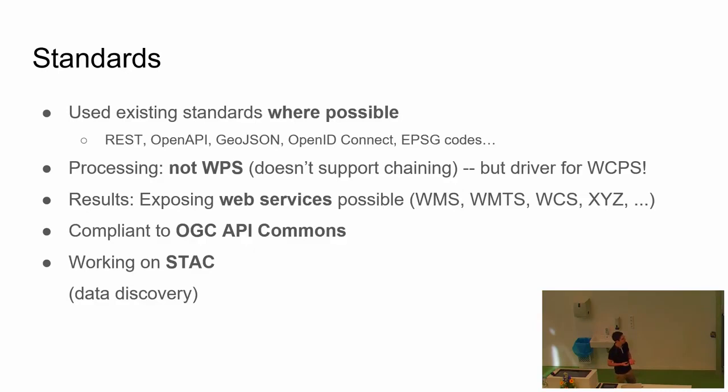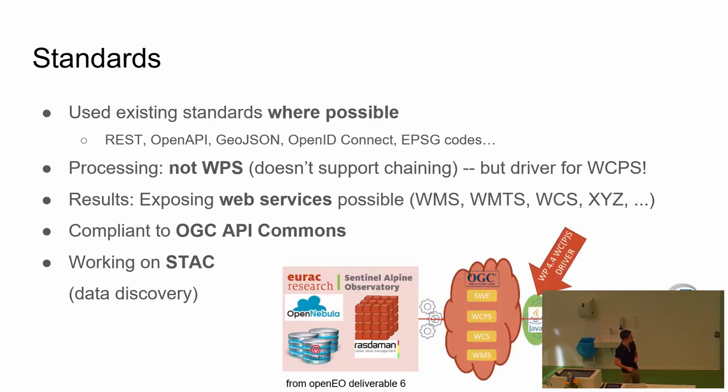But there is a driver for WCPS services, so that you could access that. Such a driver sits between the OpenEO API coming from the clients and the existing cloud backend, and this works without really touching the existing cloud backend, so you can just put that adapter in between.